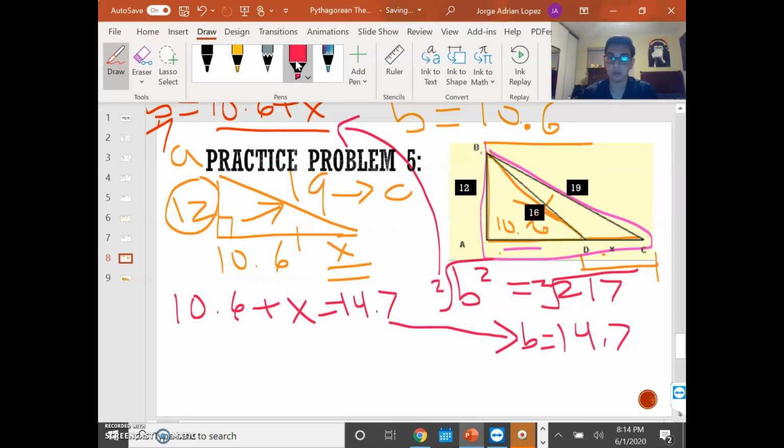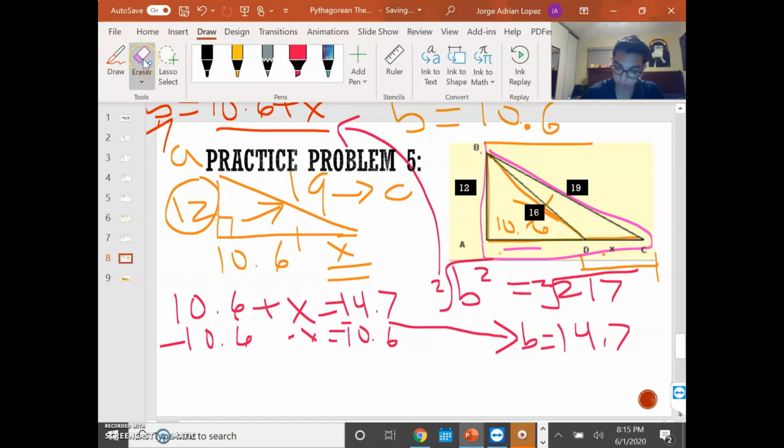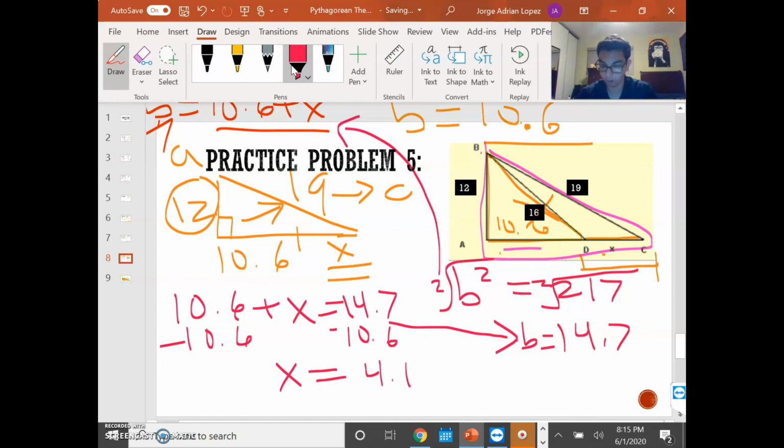Now how do we get x by itself? Subtract 10.6. I wrote that wrong. Erase that. 14.7 minus 10.6, and x is equal to 4.1.